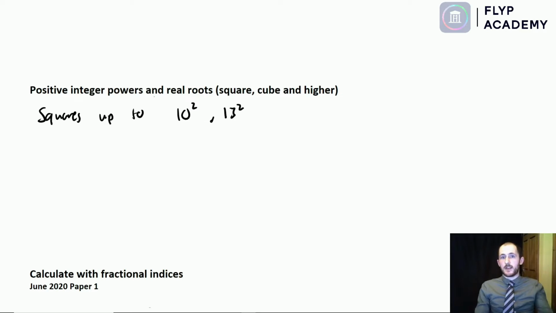But not just be able to calculate it, you should recognize it. So for example, instead of writing 12 squared, if they write 144, they can ask you in a non-calculator paper what the square root of 144 is as part of a calculation, and you're expected to be able to say it's 12. You're expected to be able to recognize square numbers.